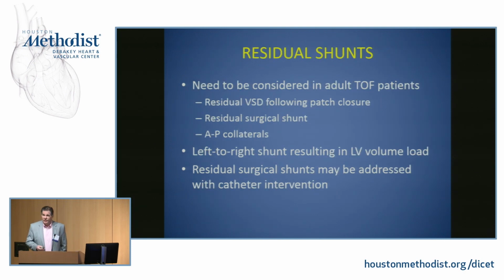We need to consider residual shunts in adult patients. Residual VSD is occasionally seen. Residual surgical shunts, residual BT, Potts, Waterston shunts. They can also have collateral vessels. If there's a significant left to right shunt, this is a left ventricular volume load, and we can sometimes close the surgical shunts in the cath lab.